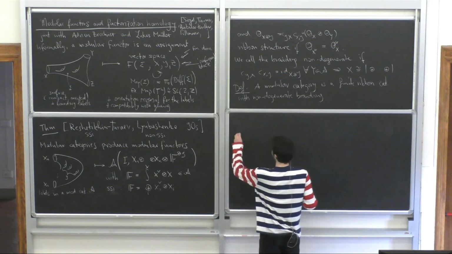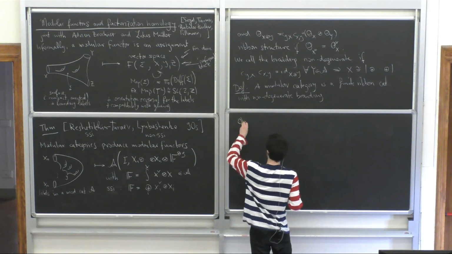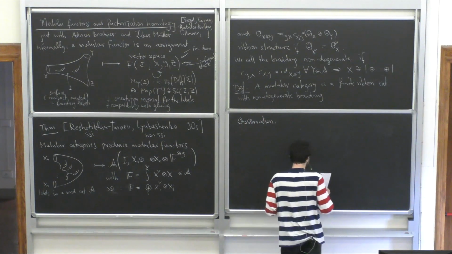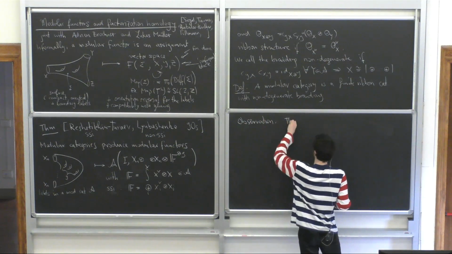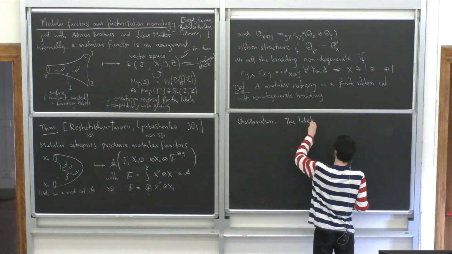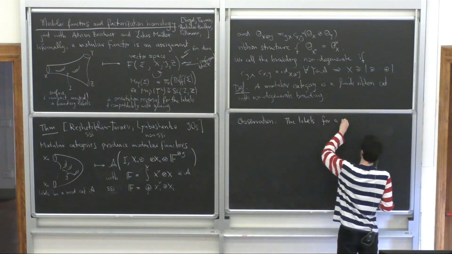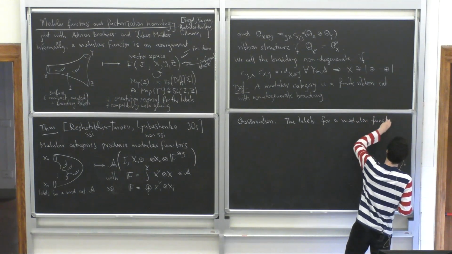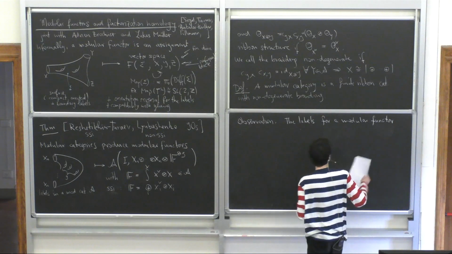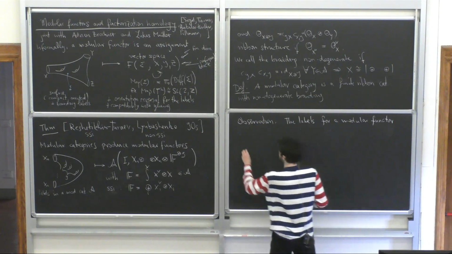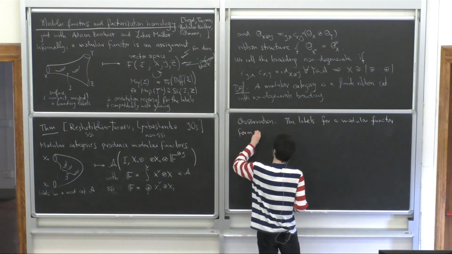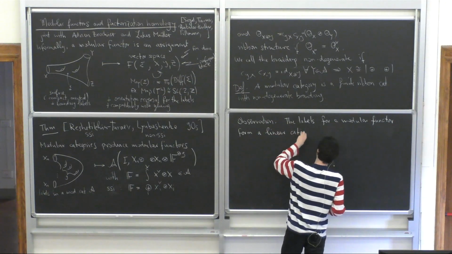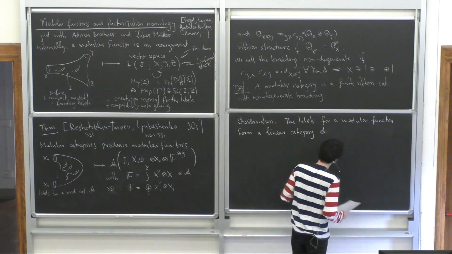So the first observation is that the labels for a modular functor form a linear category A by evaluation on the cylinder.